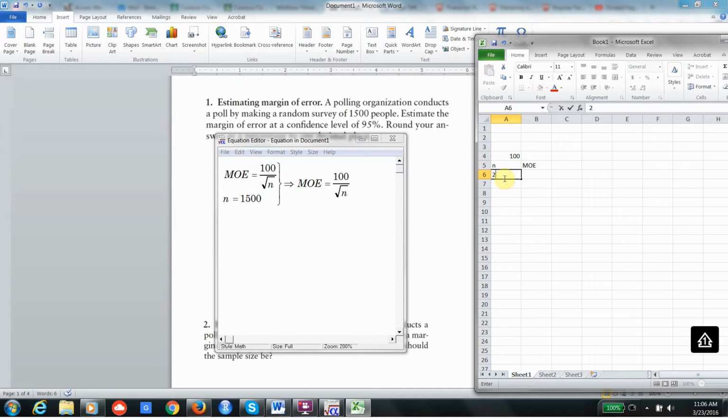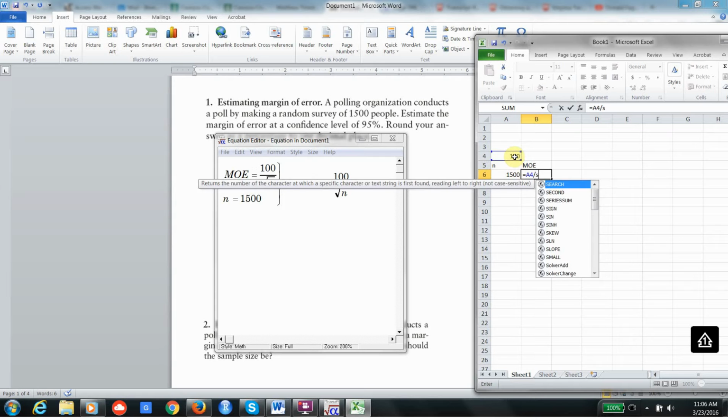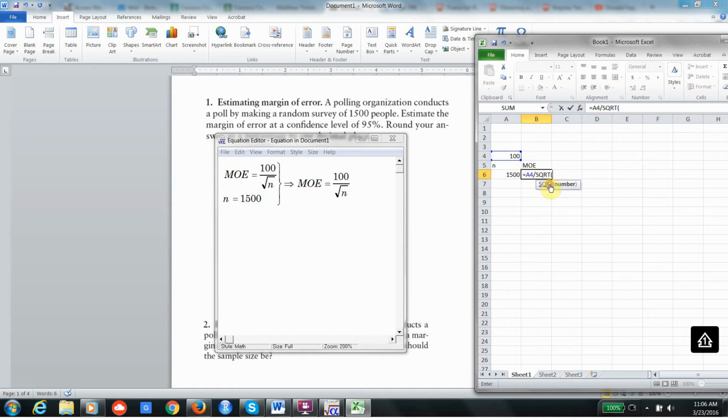I'm going to do this calculation several times, so I'm going to write this in a generic form, this value here divided by the square root of n. I want to do this partially because we're going to be using Excel a lot in the second half, so you can see the sort of calculations that we're going to do.